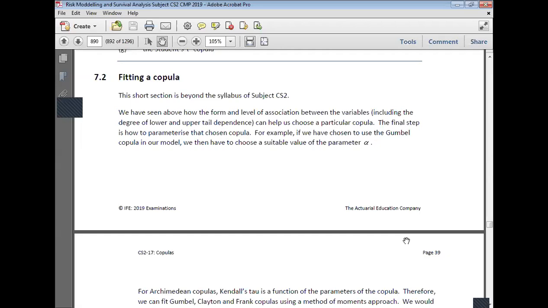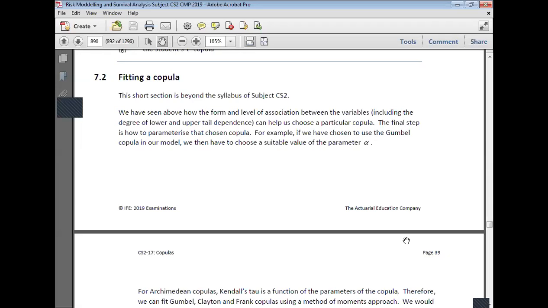So you would take your data, figure out its Spearman's correlation coefficient, which is rho, or Kendall's tau, which is tau, and then figure out the parameter of the copula using that. Not exactly the value, but the parameter of the copula at least.